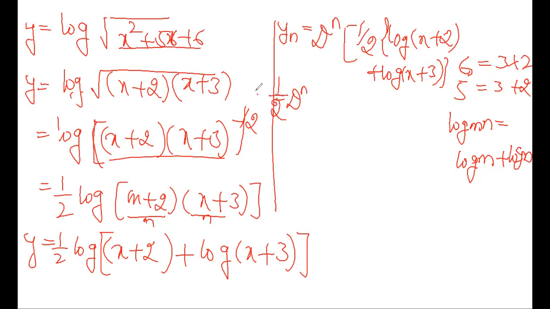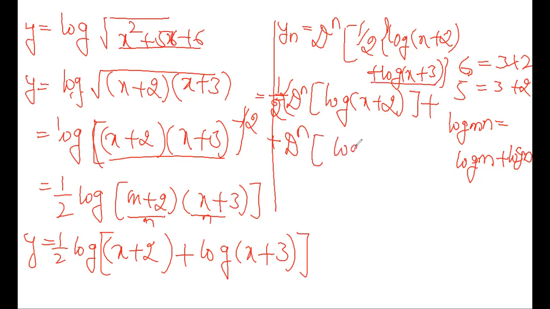Then the differentiation of log of x plus 2, plus, since there is no space to continue here, the differentiation of the second function, d to the power of n of log of x plus 3. Here bracket open and bracket close.